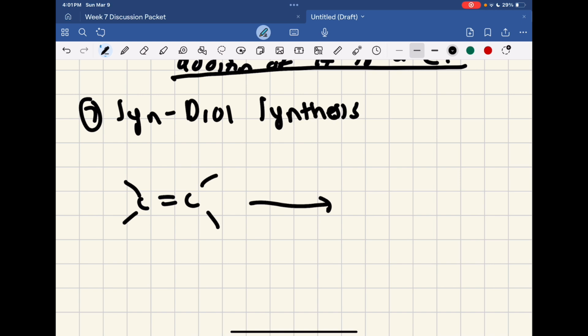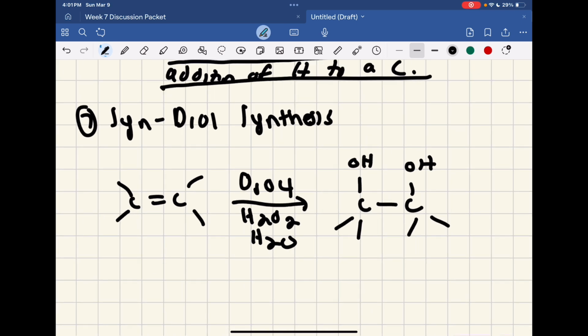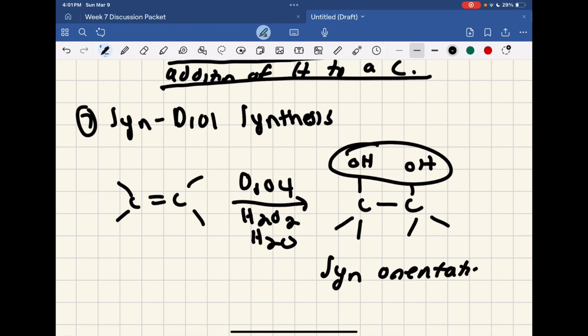We have osmium tetroxide, hydrogen peroxide, and water. And what happens? Well, across that double bond, we form 2 alcohols, so the diol. And more specifically, these two are going to be syn with respect to each other. Syn orientation. So this is another stereospecific reaction.